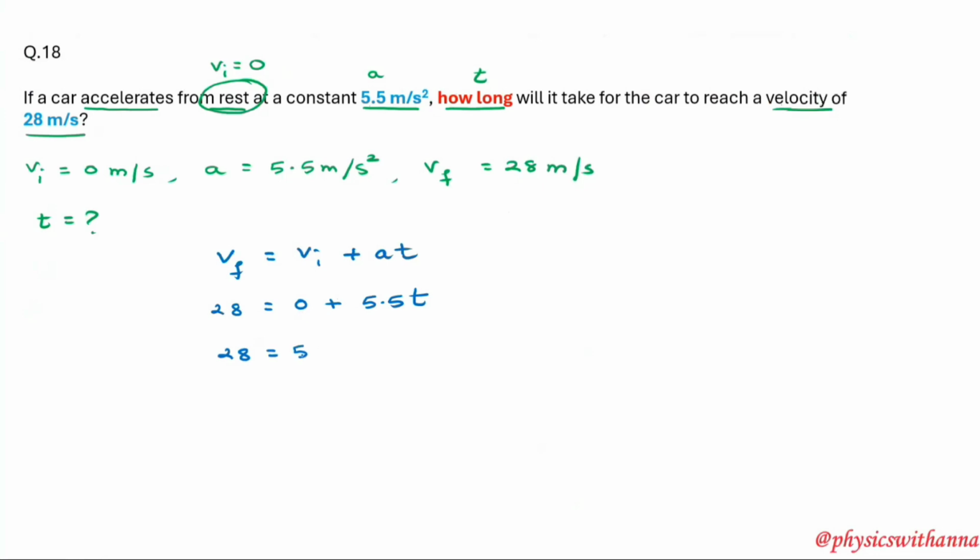So we have to divide by 5.5 on both sides. This gives me 5.09 equals t, or time t equals 5.09 seconds, which you can round off to 5.1 seconds.